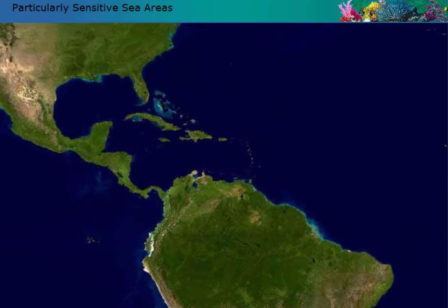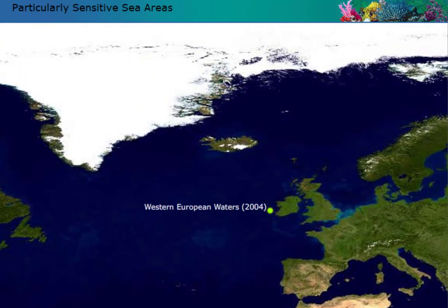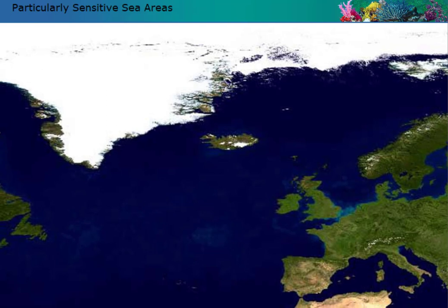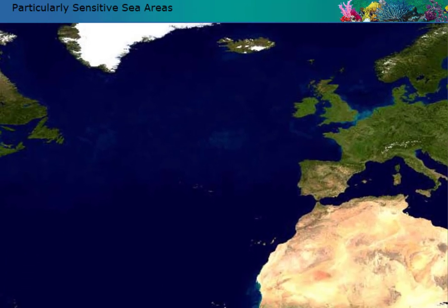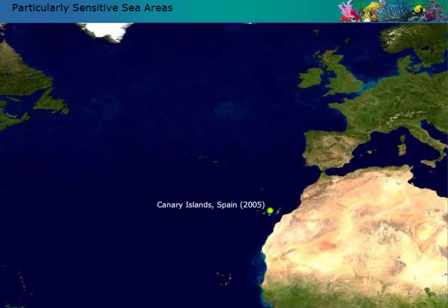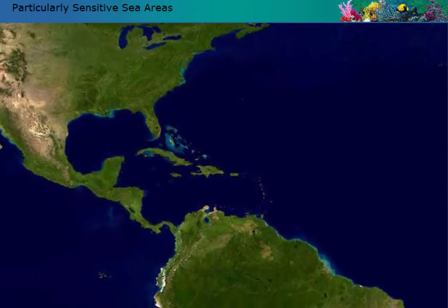Western European Waters, 2004. Canary Islands, Spain, 2005. The Galapagos Archipelago, Ecuador, 2005.